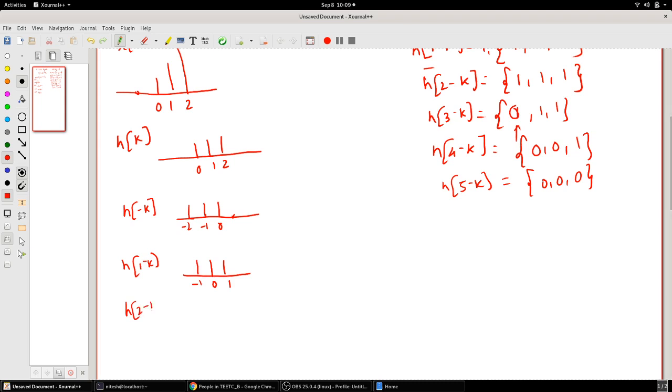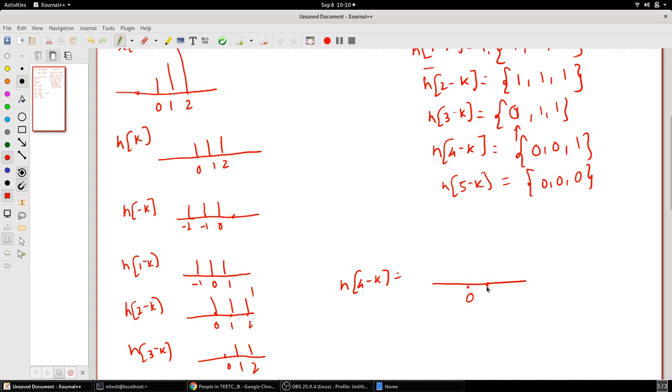H of 1 minus k looks something like this, at 0, 1 and minus 1. H of 2 minus k looks something like this, at 0, 1 and 2. That's where your overlap is. H of 3 minus k looks something like this, and h of 4 minus k looks something like this.